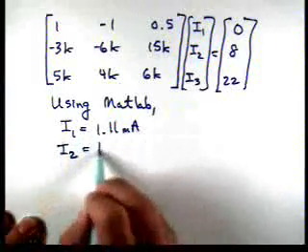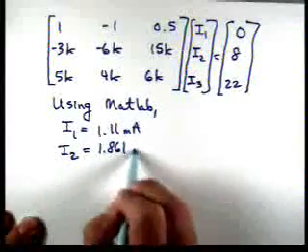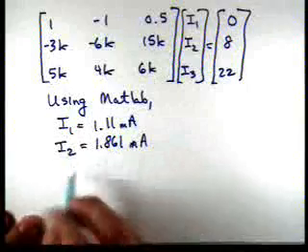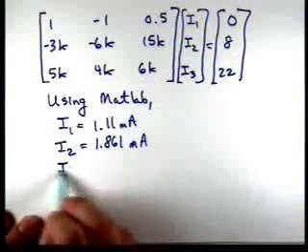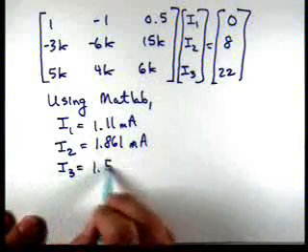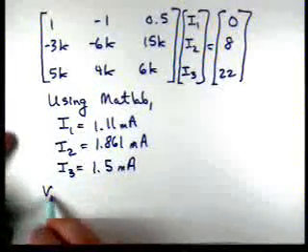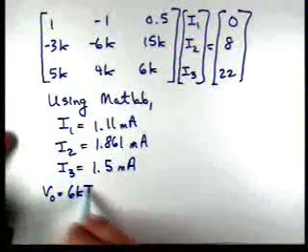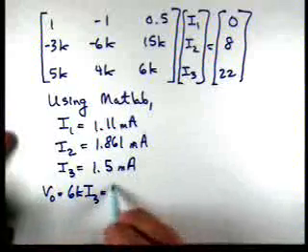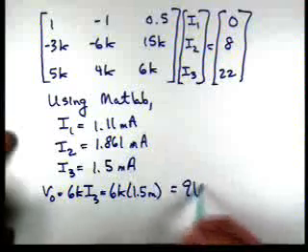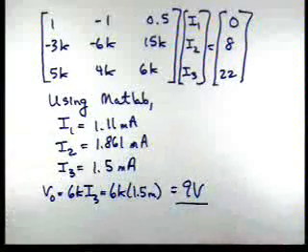I2 is 1.861 milliamps. And then I3 is 1.5 milliamps. And then V0 is 6K times I3. 6K times 1.5 milli is equal to 9. And there's our answer.